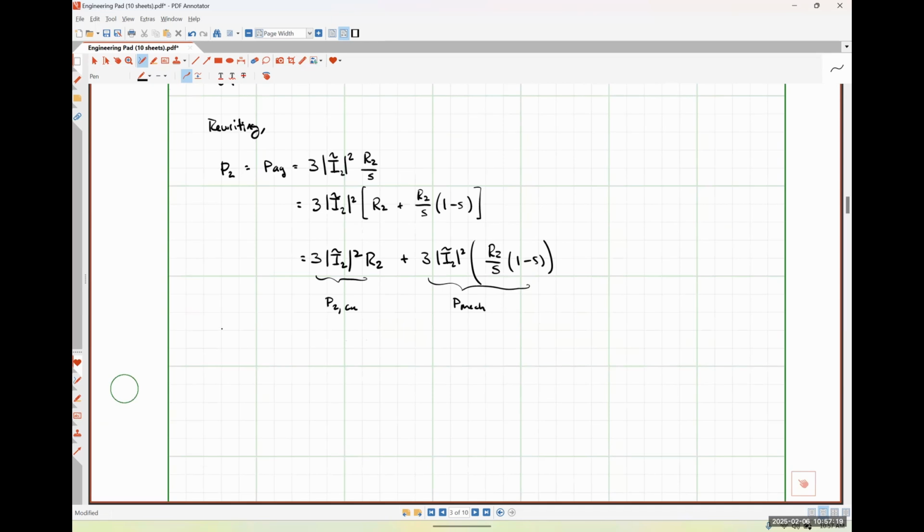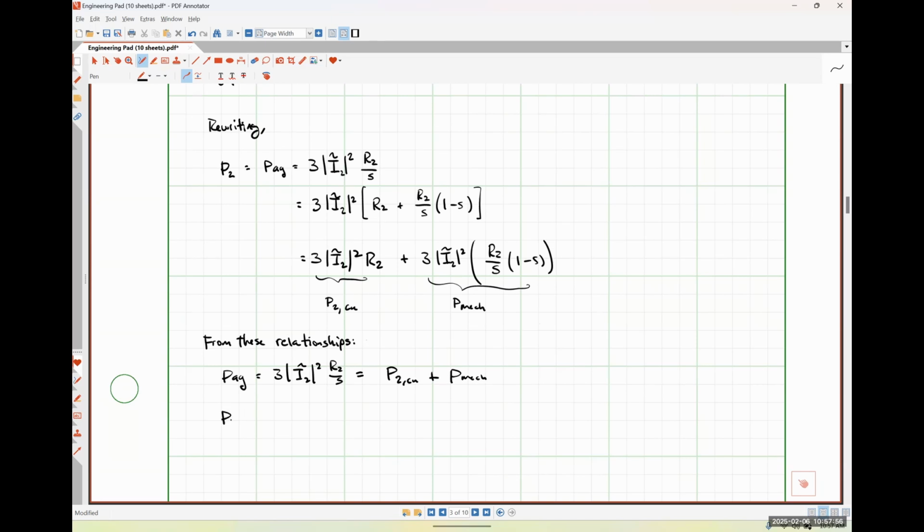And from these relationships, we can see that our air gap power, PAG, is just 3 times the magnitude of I2 squared times R2 over S. And this is just our copper losses plus our mechanical power.